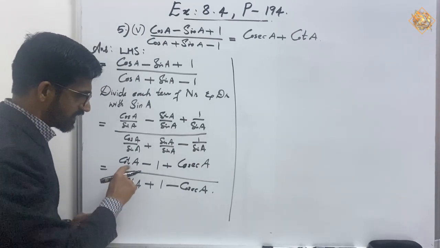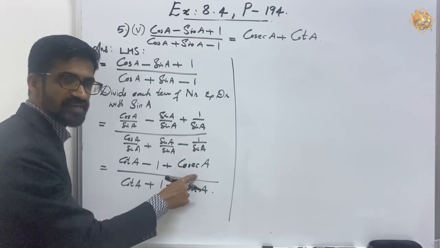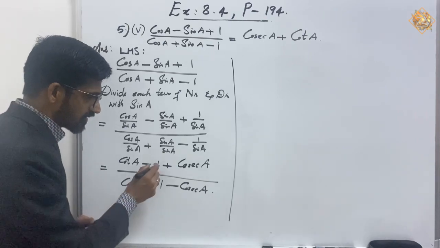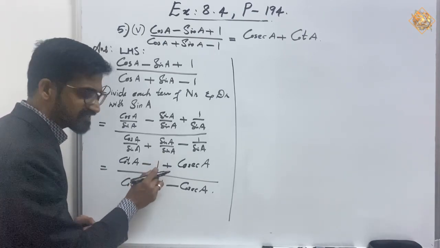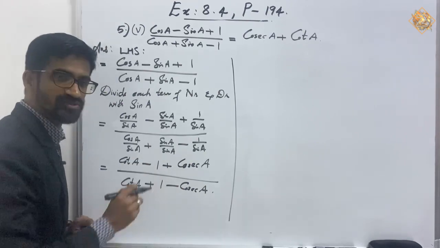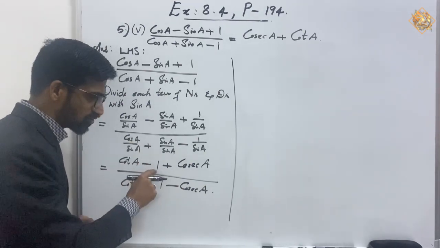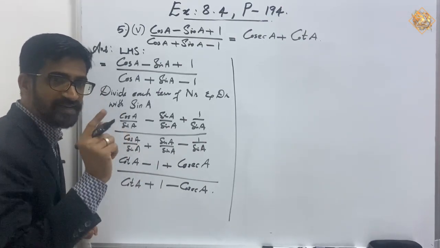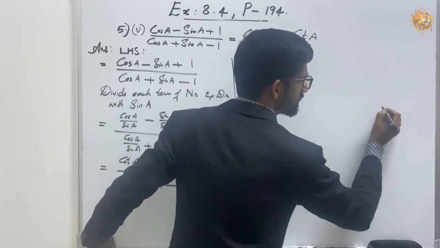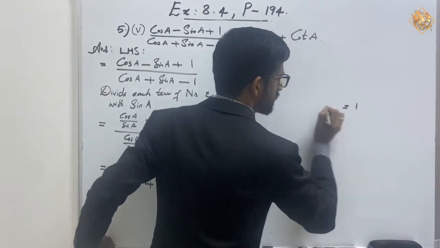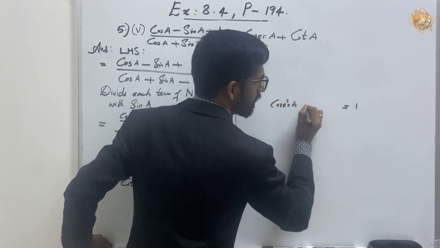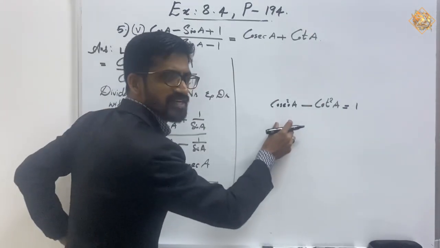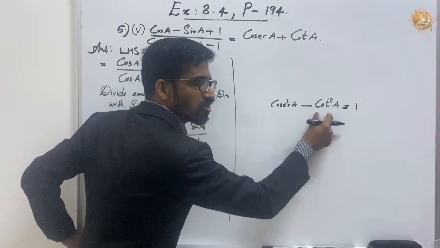Now here we have (cot A minus 1 plus cosec A) by (cot A plus 1 minus cosec A). In the numerator and denominator we have 1, isn't it? Here there is 1 and here also there is 1. So instead of any one of these ones we will substitute cosec square A minus cot square A. We have the identity, 1 equal to cosec square A minus cot square A, which we have studied.